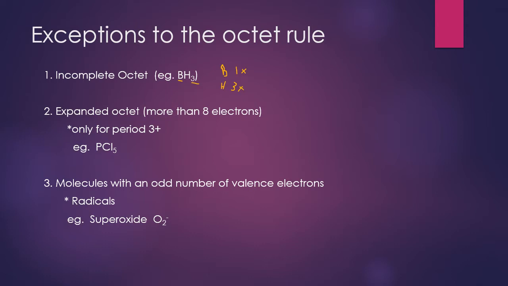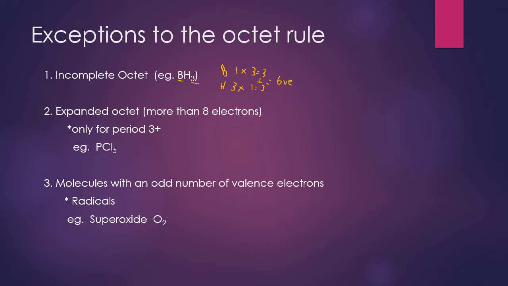Well, since boron is in group 13, it has 3 valence electrons to contribute. Since hydrogen's in group 1, it has just 1. So I'm going to multiply across. I get 3 plus 3. There is no charge on the molecule, so that's it, just those 6. So I have 6 total valence electrons when I'm drawing this structure.